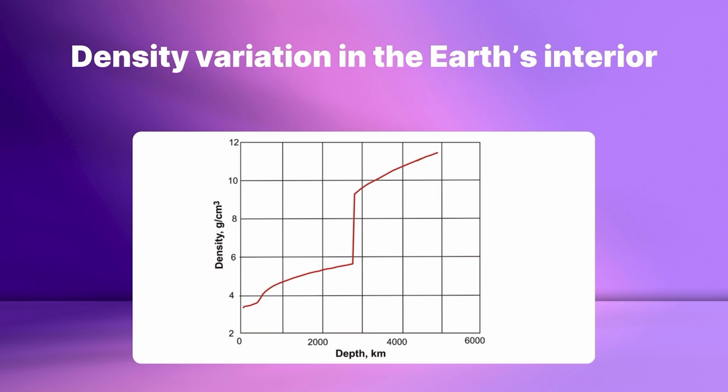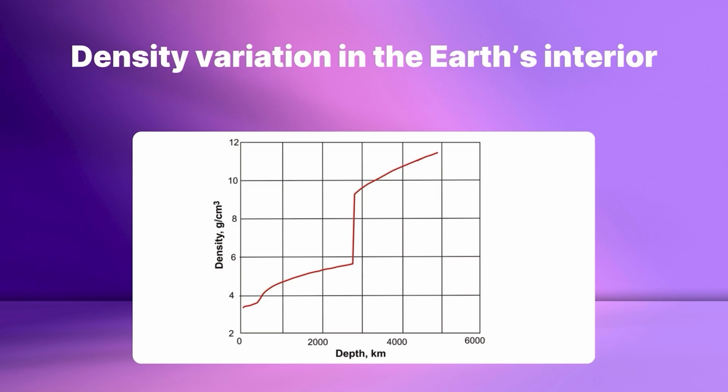Here it rises up to here, then again the density is rising exponentially and it attains its maximum at a depth of, for example, 2888 kilometers, and after that it further rises.